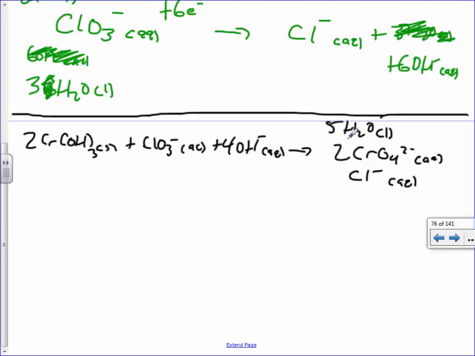There's 10. There are 6 oxygens, plus 3 more makes 9, plus 4 more makes 13. And then there's 5 and 8, which is 13. In terms of charge, there's 1 negative here, plus 4 more there for 5. 2 times 2 is 4, plus 1 more is 5. I finally have this stupid thing balanced.